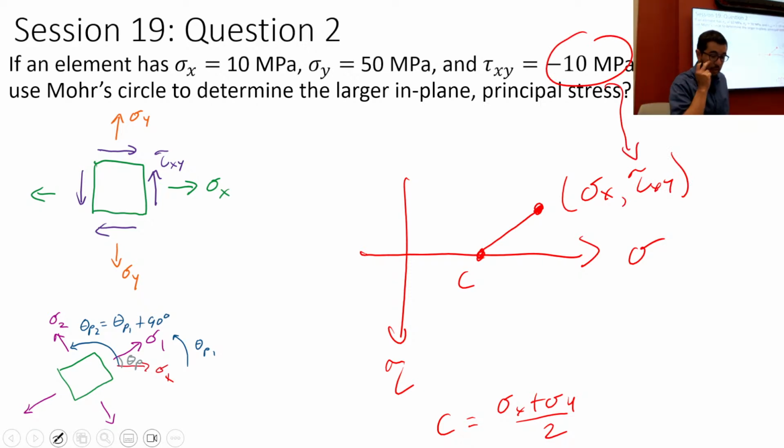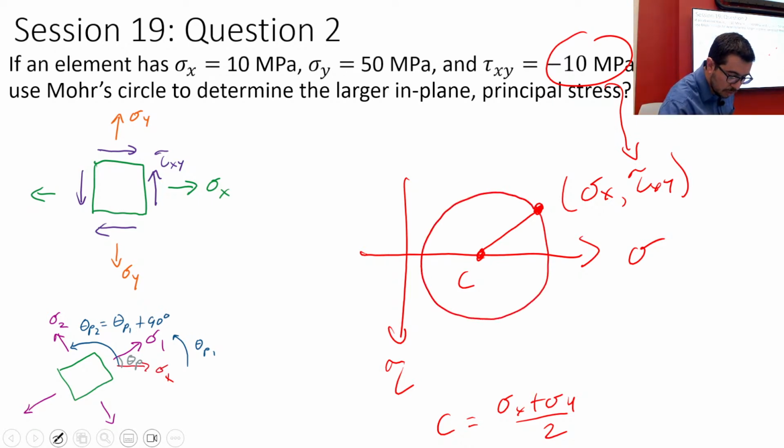And we're interested in figuring out what this point is right there. That's where sigma 1 is going to be, and that sigma 1 is equal to sigma average plus R.